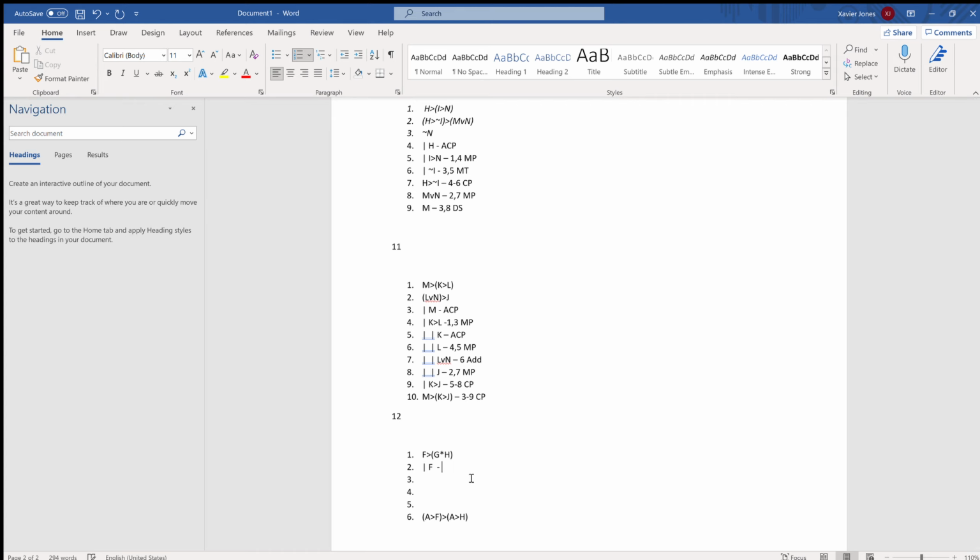So, assumed conditional proof of F, that'll give us if G then A, or G and H, using modus ponens for lines 1 and 2.